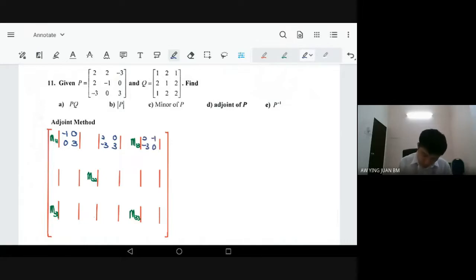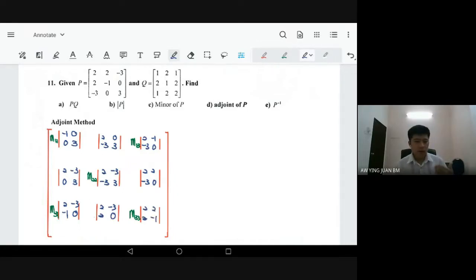Next, we have... So here we have the minor. So that is the process of finding the minor. Kindly check your answer with mine.